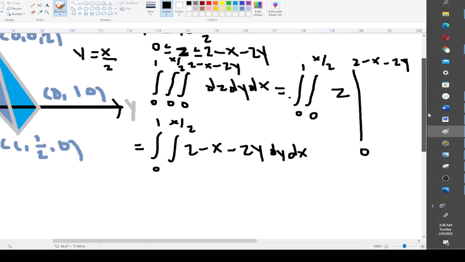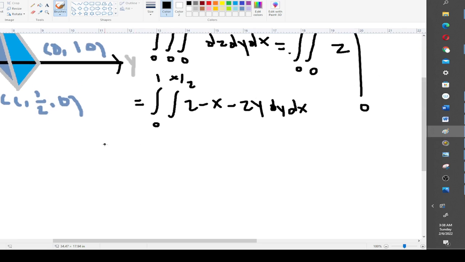Okay. I'm going to move down slightly and continue here. So the integral from 0 to 1, and if we integrate with respect to y, we get 2y for the constant 2, negative x squared over 2 for the x term, and then minus y squared.